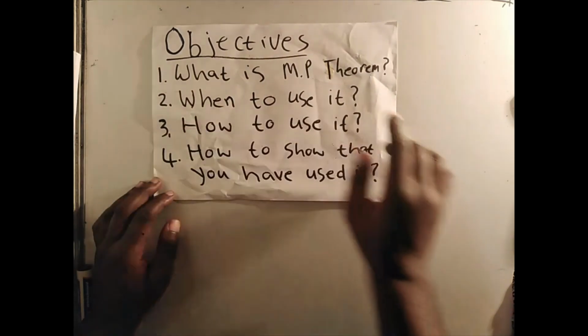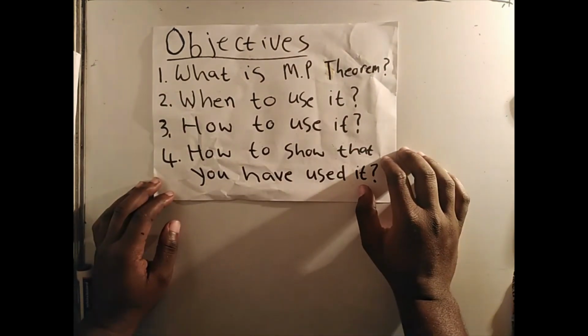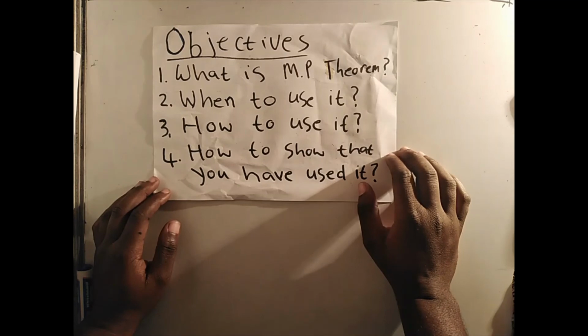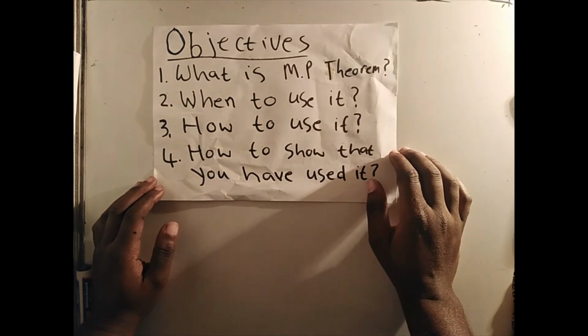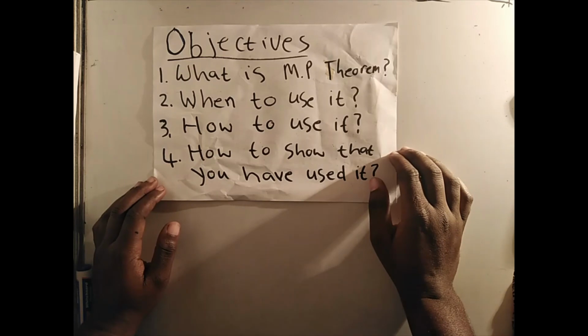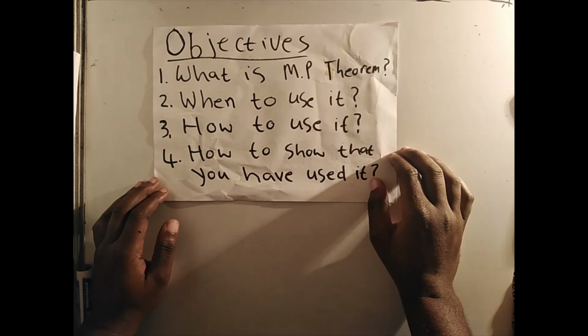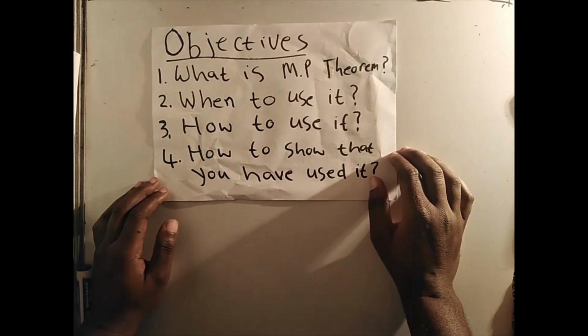The first was to know what the midpoint theorem is. It's a theorem that you use when you have a triangle and a line that joins the midpoints of two sides of that triangle. So it's a theorem that you use in those particular cases.